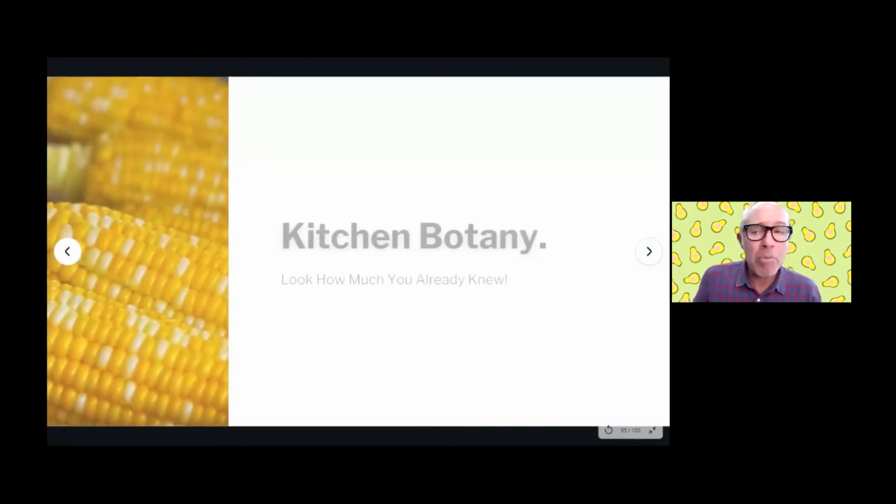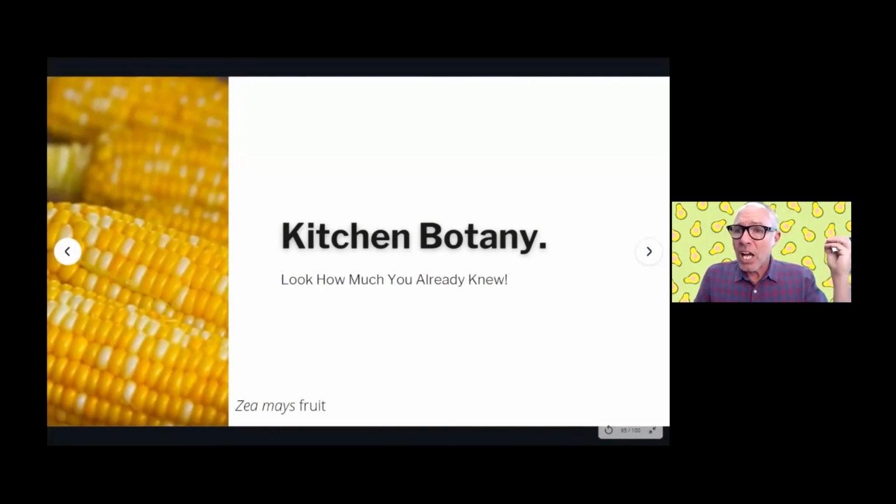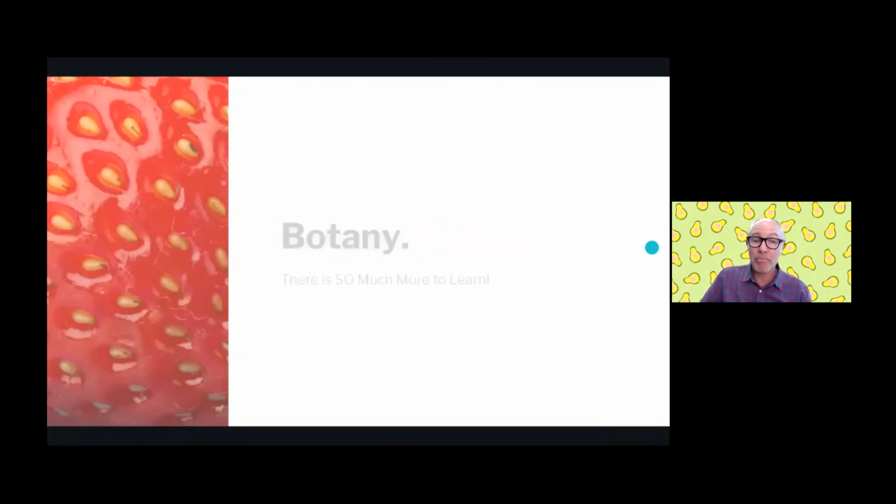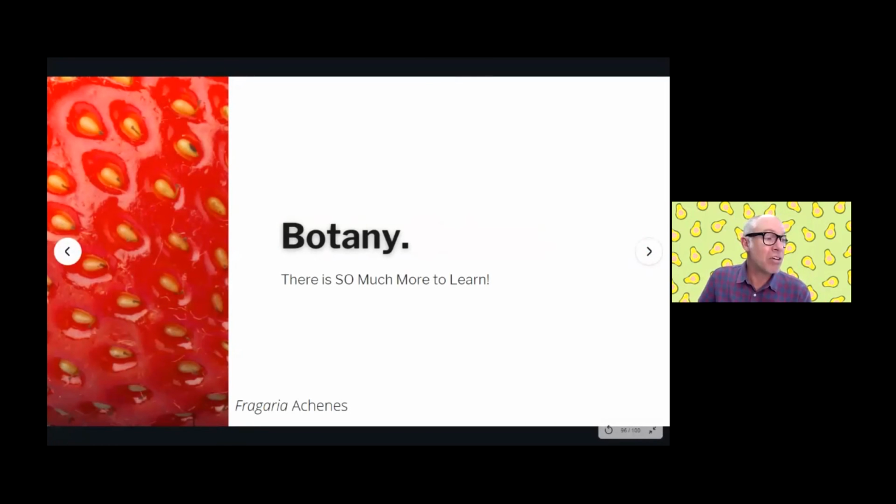So that's probably enough. Look at how much you already know about plants just by having held them in your hands your entire life. You've been eating stems, roots, leaves. You've been eating cultivars and mutants of plants that look nothing like their wild counterparts, which all of these things have been derived from. There's still an awful lot more to learn.